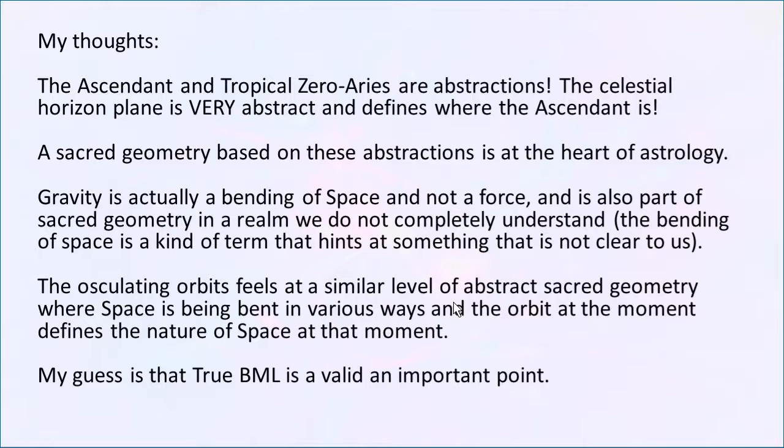They are abstractions. The ascendant is extremely abstract because the ascendant is the intersection of the celestial horizon with the ecliptic plane. Okay, the ecliptic plane has some, you might say, reality to it because that's where the Earth travels every year, and it does not move very much from year to year.